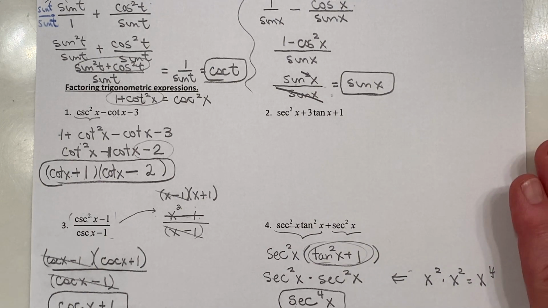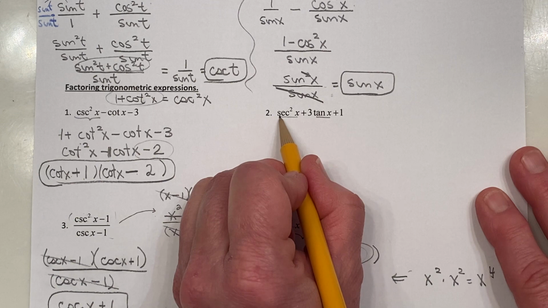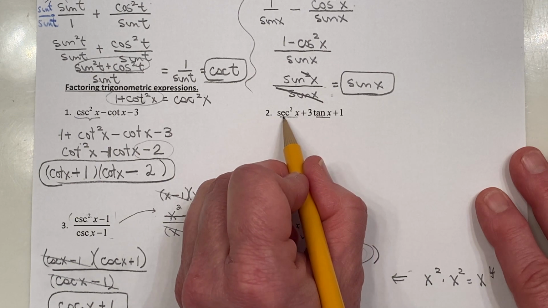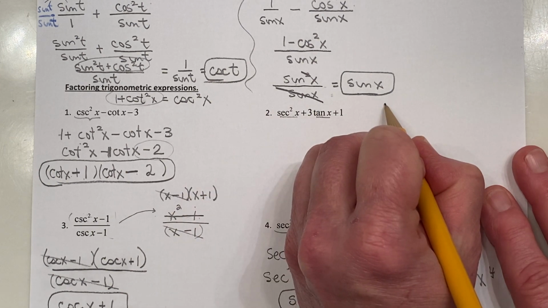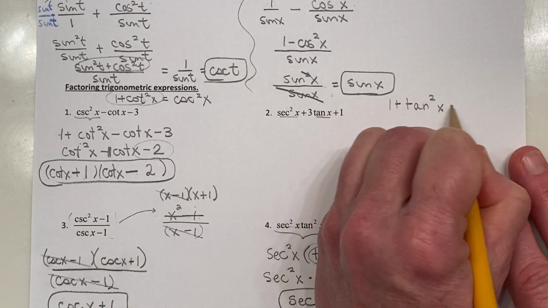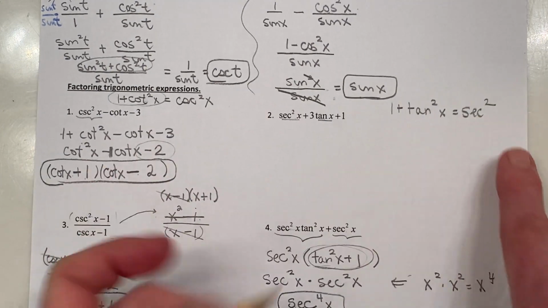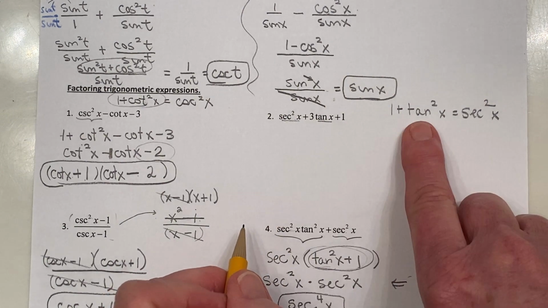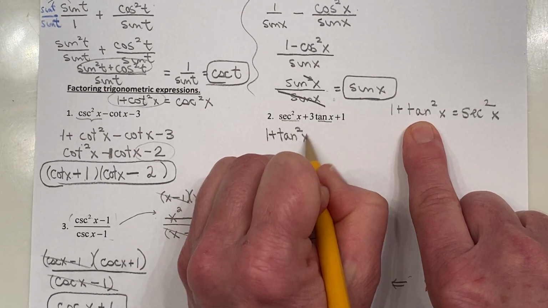All right, looking at number 2. We need tangent from secant squared. I wouldn't want to change tangent back to secant squared. It'd be complicated. But remember, secant squared x is involved in this Pythagorean property. So like problem 1, oops, I need an x. I'm going to replace secant squared with 1 plus tangent squared, clean it up, and then factor.